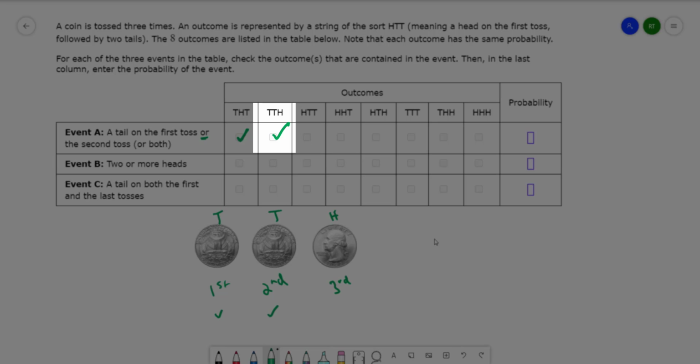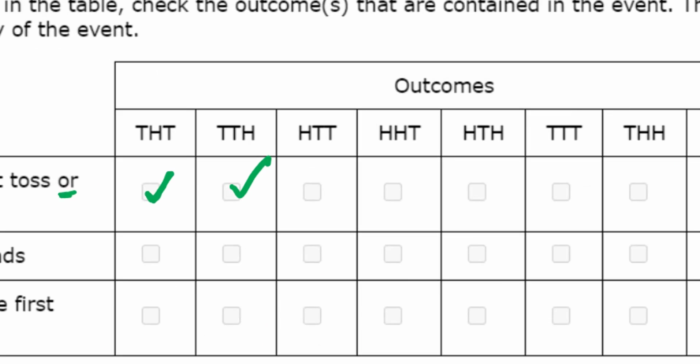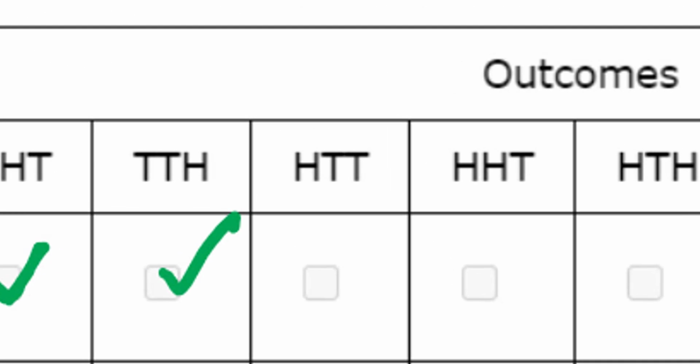So I put a check because I do have a tail in one of them. All you're looking for is a tails at least in one of the first or second spots. And then you continue doing the same thing for the rest. I'm only really considering the first or the second. If I underline these two, I ask myself, do I have tails present in either of those tosses? And in the second one here, I do. So I'd put a check.